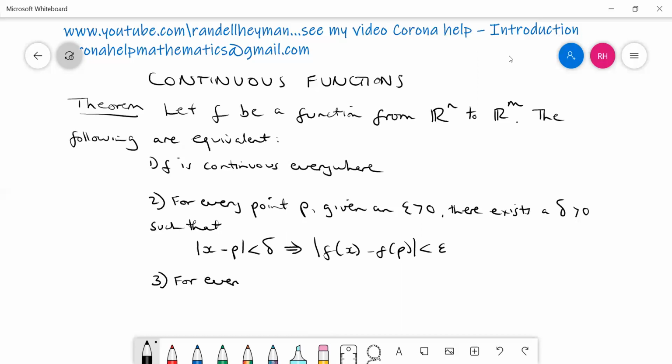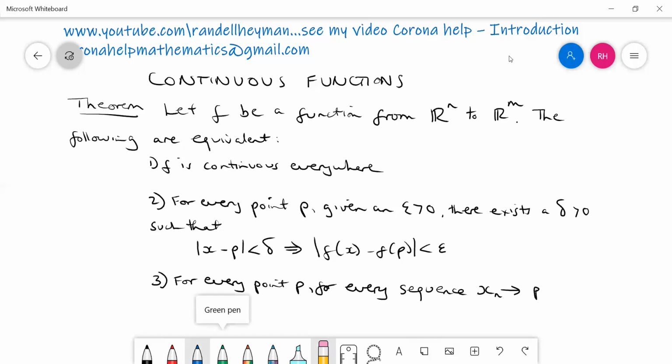For every point P, for every sequence x_n, so we have a sequence of these x's that approach P, then f of x_n approaches f of p.